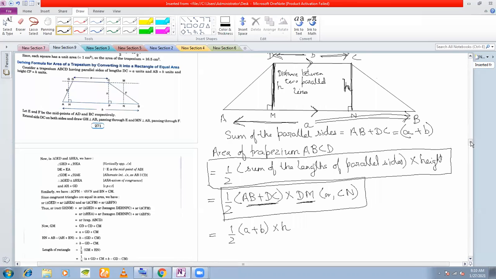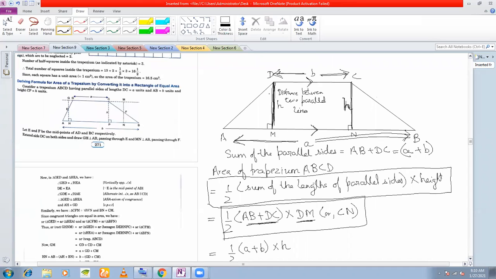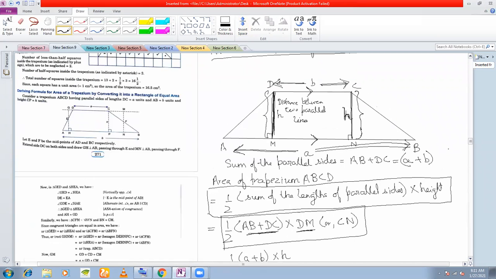If you see in the figure, either you can write DM, this length, or you can write CN also. Both are the distance between the parallel lines, or both can be treated as the height of the trapezium.